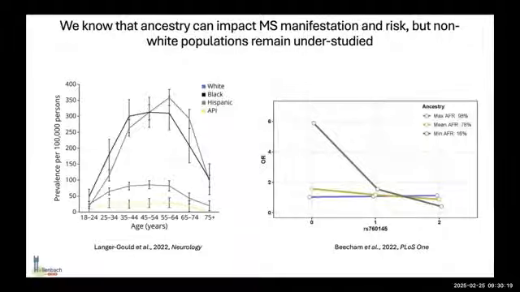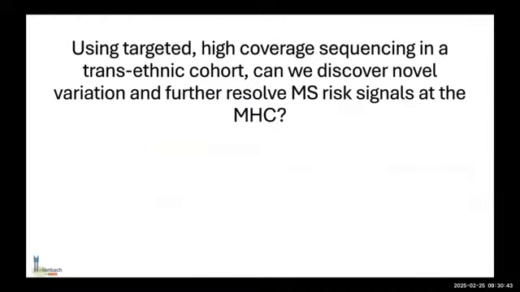Even though for a long time it was considered a purely European disease, we're now realizing that that's not the case. We also know that your percent of European versus African American ancestry can also impact how risk plays out as well. And so, though we know these things, still there has been very little work done to actually solidify how we can interpret that in the context of MS.